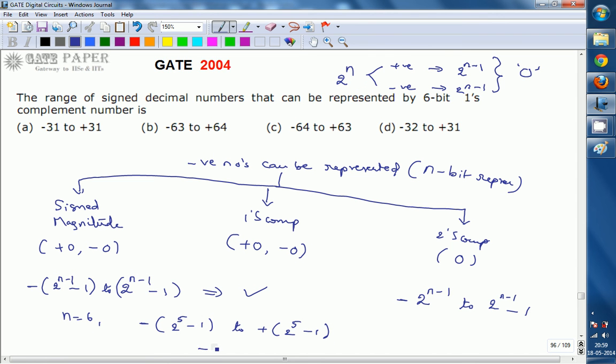So minus 31 to plus 31 is the range, which is option A. So the right option for this question is A. The range of signed decimal numbers that can be represented using 6 bits in 1's complement is minus 31 to plus 31. Thank you.